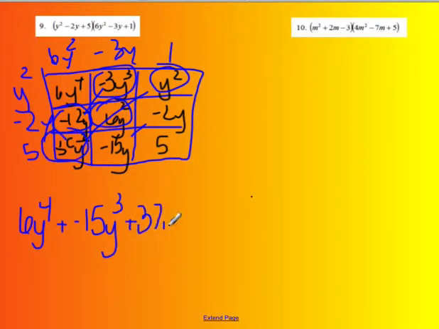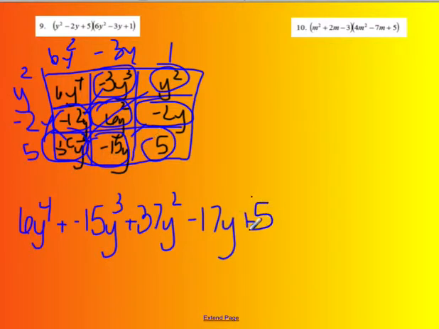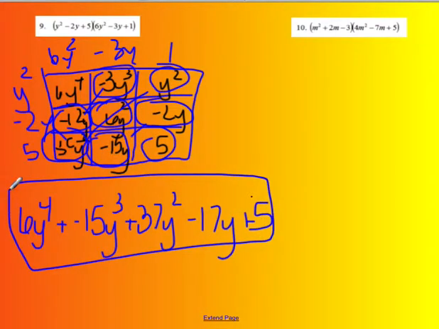And remember, notice I'm not adding the exponents when I add these, so then I get 37y squared. Then here I have negative 2y minus 15y, that's going to give me a negative 17y. And last but not least, I have my constant at the end of plus 5. So if you were to multiply those two together, that would be your final answer.